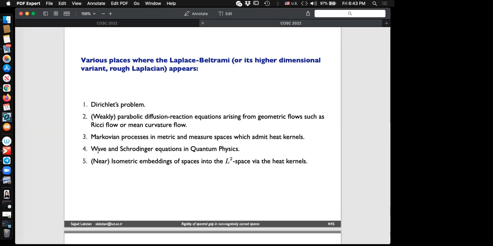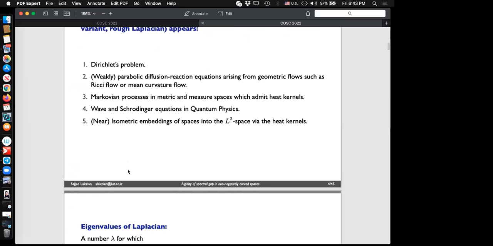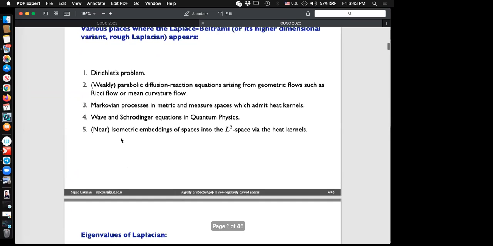But by the way, the wave equation is not a diffusion equation, but nevertheless, it uses the Laplace operator. Or if you want to embed a manifold or a space into L2 space, then you can again use the eigenvalues of the Laplacian and get a good embedding, which is almost isometric, depending on where you cut, depending on how many you use.